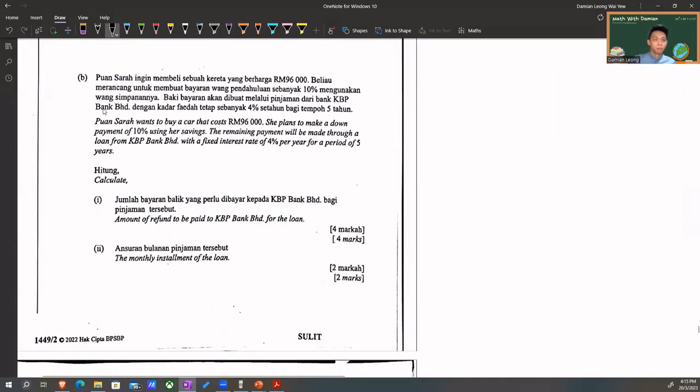Part B. Sarah wants to buy a car that costs 96,000 ringgit. She wants to make a down payment of 10% using her savings. So the remaining payment will be made through a loan with fixed interest rate 4%. So the car costs 96,000.